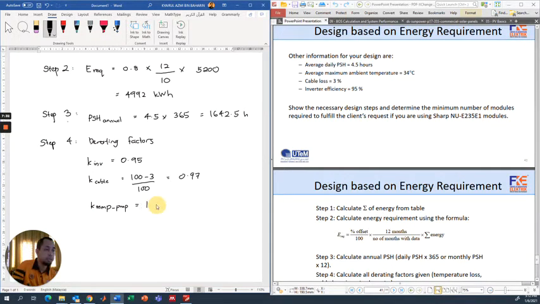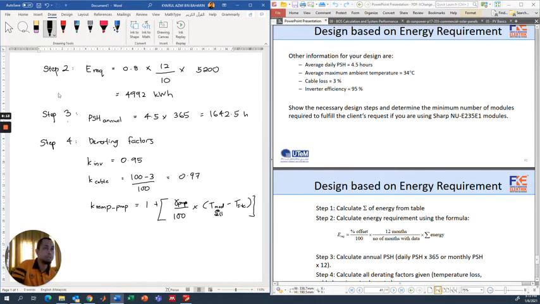So we have 1 plus gamma PMP, sorry, 1 minus gamma PMP, we don't have negative, divided by 100 multiplied by T cell or T module minus T STC.